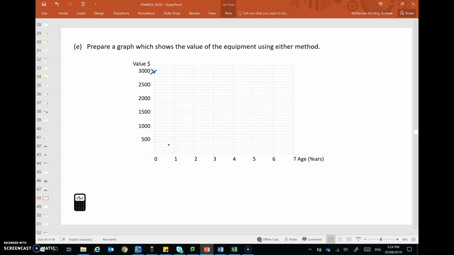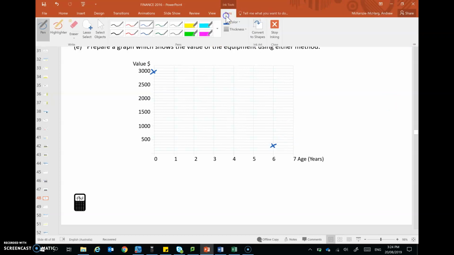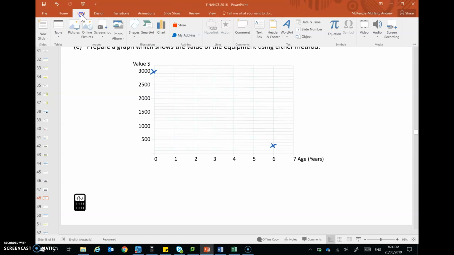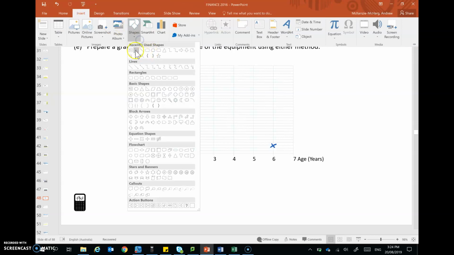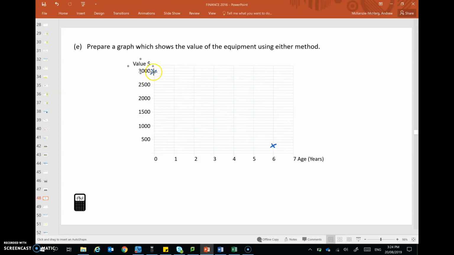So I'm going to mark those two on here, right there. Okay, and I'm going to join those up with a line. Just the straight line method makes a straight line. Okay, so I'll join those two up.